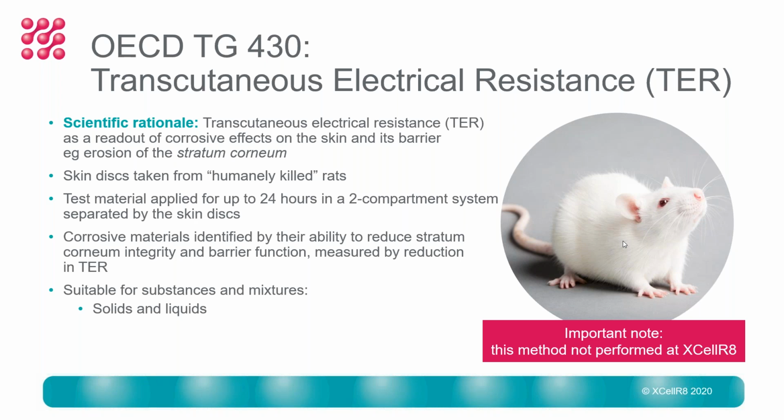So skin discs are taken from rats, and the test material is applied in a 2-compartment system for times up to 24 hours. And then the corrosive materials are identified by their ability to cause a reduction in the TER. And this method is again suitable for both substances and mixtures, and regularly used for both solids and liquids. Next slide.